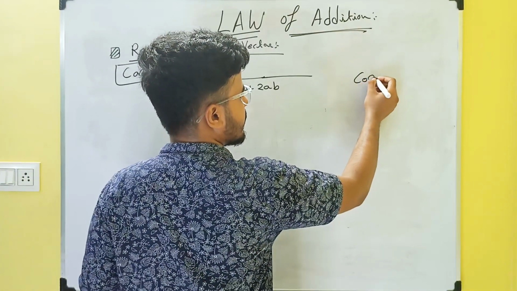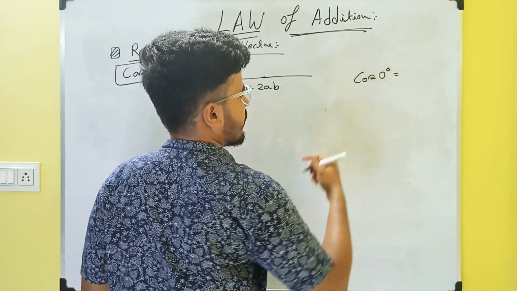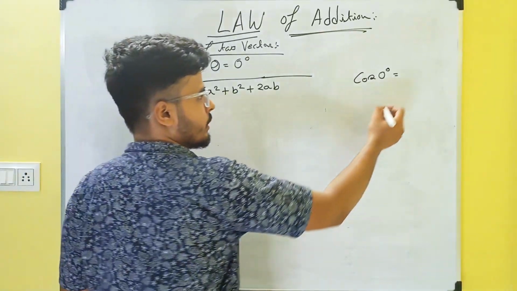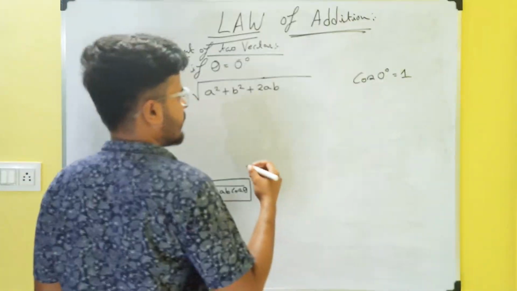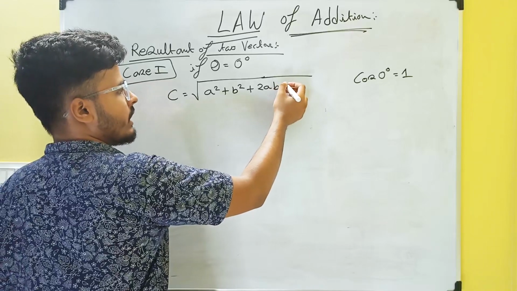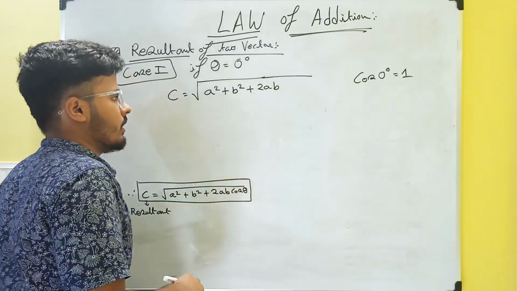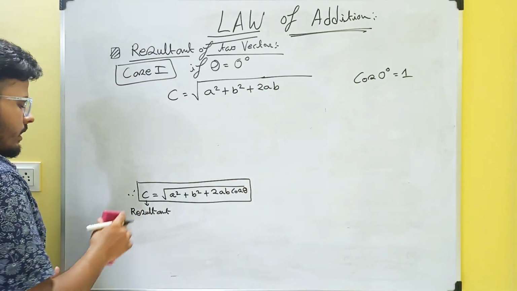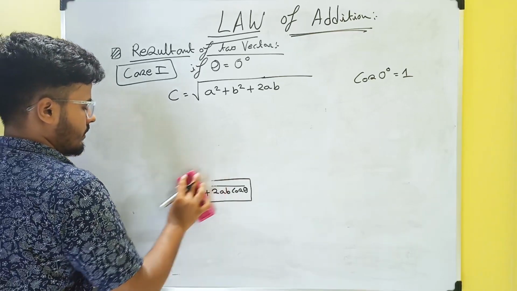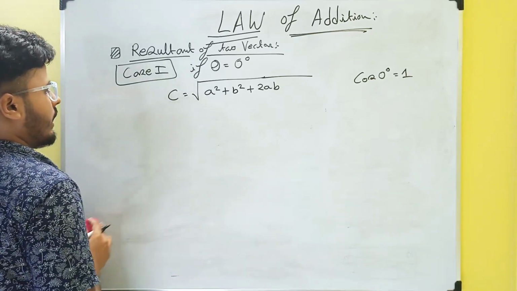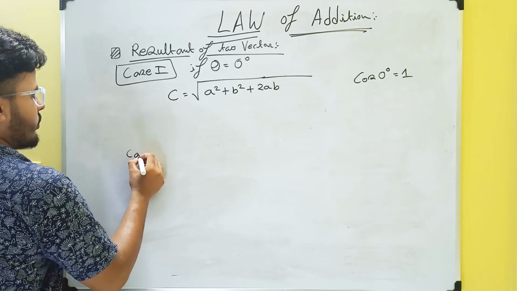If theta is 0, what is the value of cos 0 degree? The value of cos 0 degree is 1, right? So 2ab multiplied by 1, so that is 2ab. Let's take another case, then we will come to a conclusion.